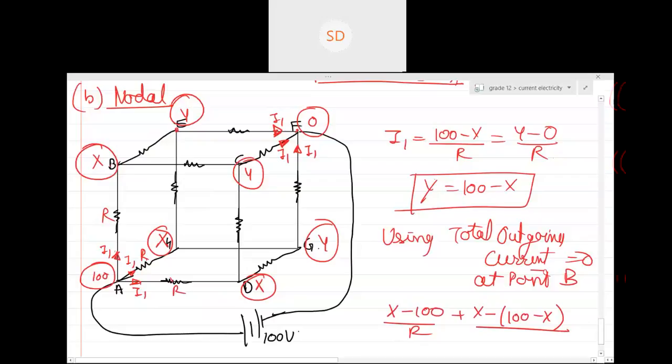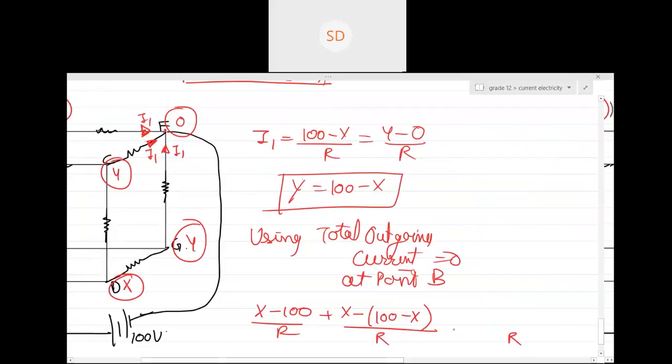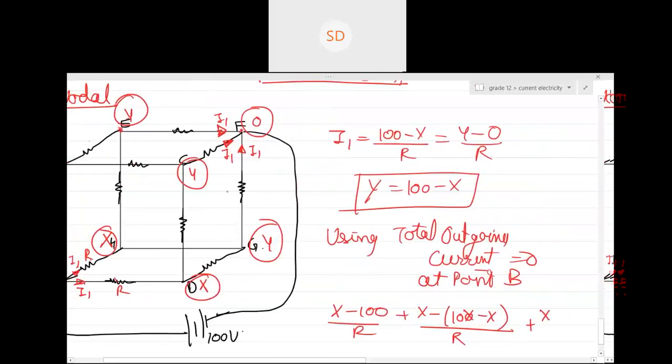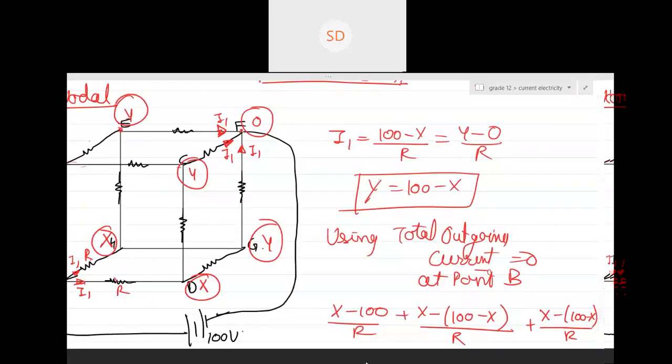Can you see x minus y? Plus, can you see one more? (x minus y) again, this one is also x minus y. Plus (x minus 100) minus x equals 0. Any doubt in this, guys?